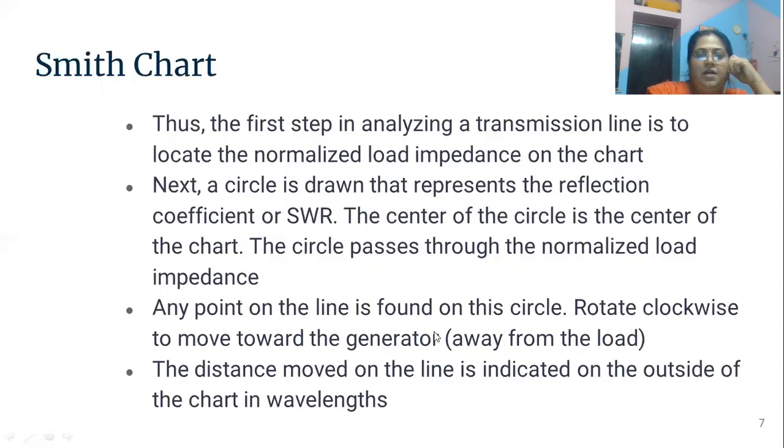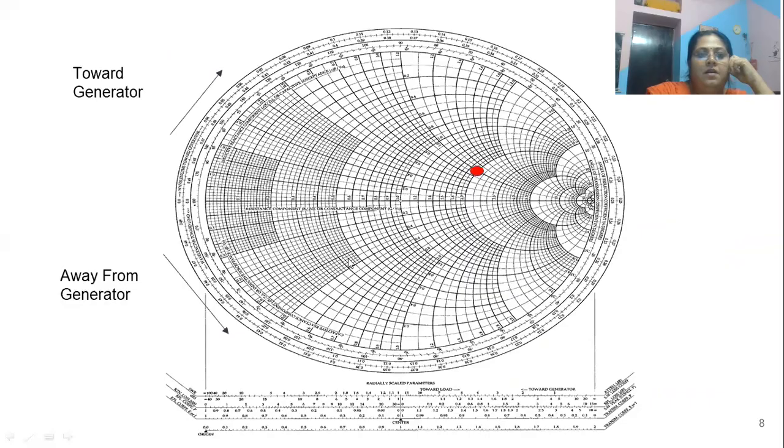We move the point either clockwise or anti-clockwise, upward or downward. This direction is marked as towards the generator. If we move the point in the other direction, it will be away from the generator.